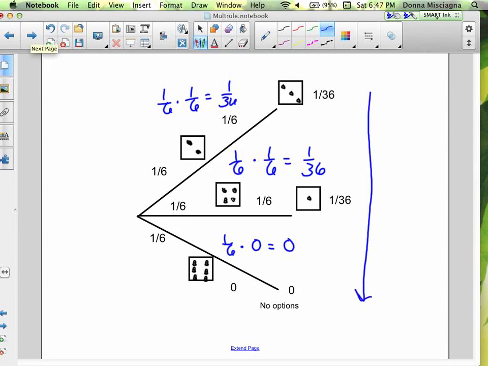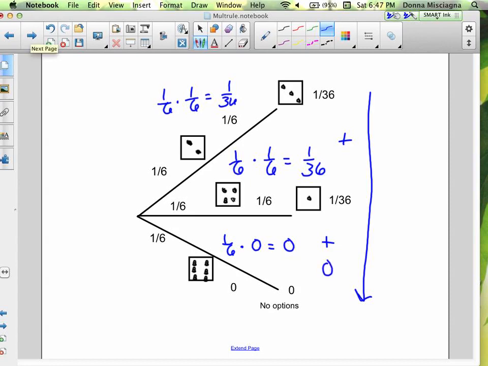Now when we go down the factor tree, we add the probabilities, right? So we have one probability, the 2 and the 3, which has a probability of 1/36. We have a second option, the 4, then the 1. That has a probability of 1/36. And even though it doesn't work out for us, we do have a third option, the 6 and absolutely nothing, which has a probability of 0, because there's just no way that one's going to happen.